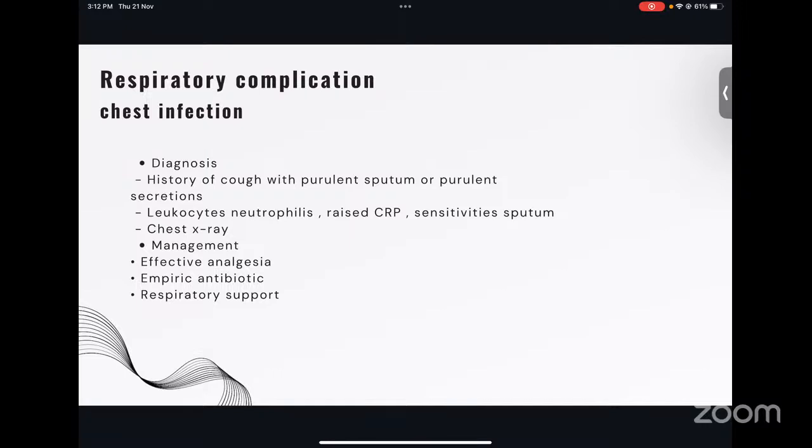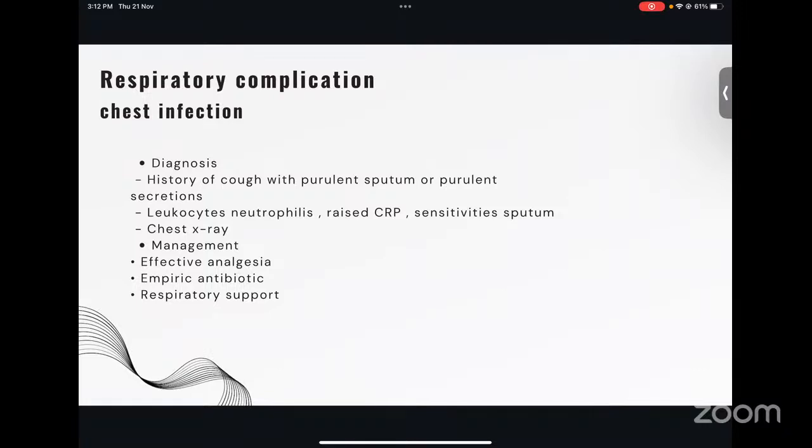The patient will also have pyrexia, bronchial breathing sounds, and reduced air entry. Laboratory tests will show raised leukocytes and neutrophils, a raised CRP, and sputum culture may yield the causative organism and its sensitivity. Chest X-ray will show signs of consolidation and will confirm our diagnosis.